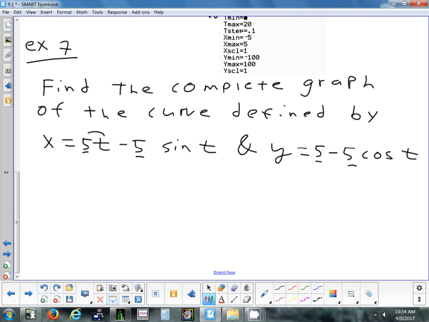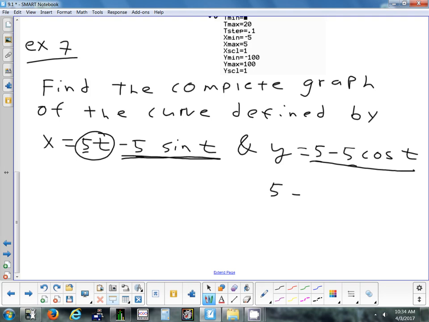Five t, that's unbounded. If t gets bigger and bigger and bigger, let's say t is 1,000, you're going to have 5,000 minus something. This is fixed. 5 sine t can only alternate between -5 and 5. This is also fixed. Okay.